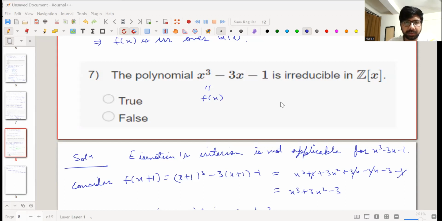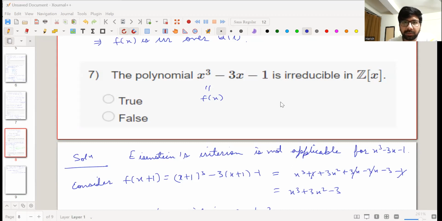Okay, others, you are commenting something. If it is reducible, it must have at least one linear factor, and since it is monic, it must have a root in Z. That's fine. Root in Z and root in Q are the same.